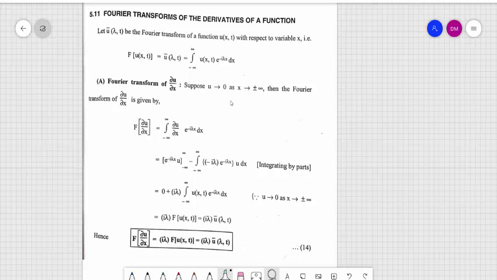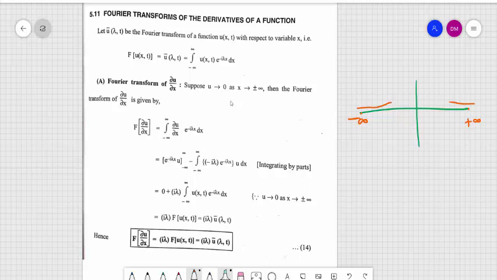So the assumption is, as x tends to infinity or minus infinity, the value of u tends towards 0. This is like a graph. The value of u is 0 at infinity and at minus infinity also, plus and minus. This is the graph.